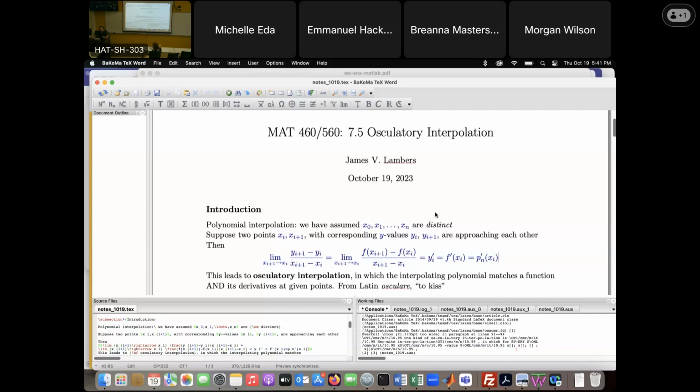I have to mention that when I first learned about this topic, way back in 1988, when I took my first numerical analysis class at Purdue, taught by Sam Conte, who was the founder of the Department of Computer Sciences at Purdue and also the author of the textbook, he was pretty old, nearing retirement.